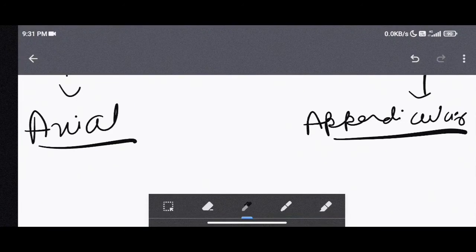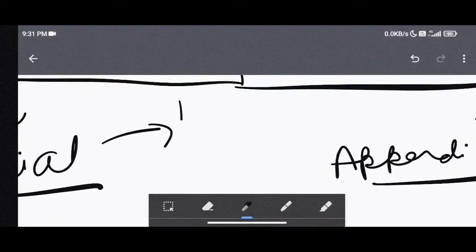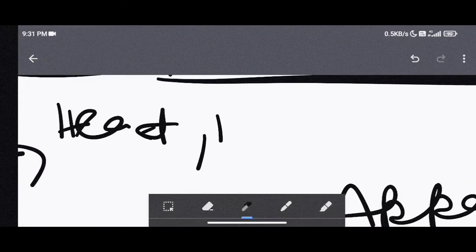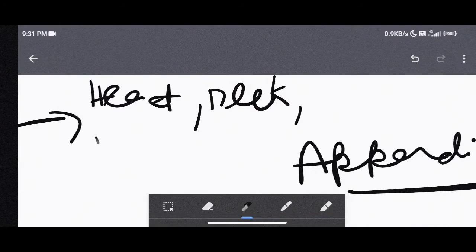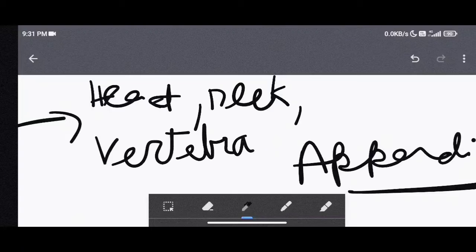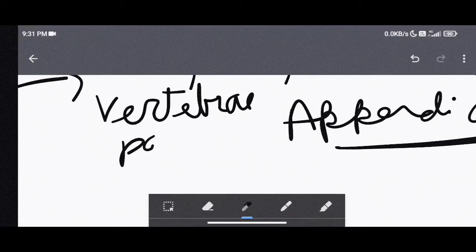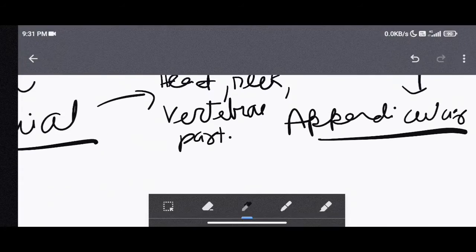What do we mean by axial? Axial means that it is made up of the head, the neck, and the vertebrae part.